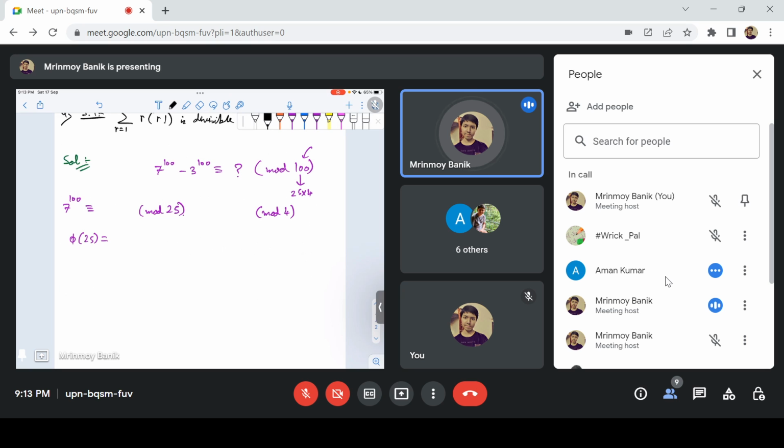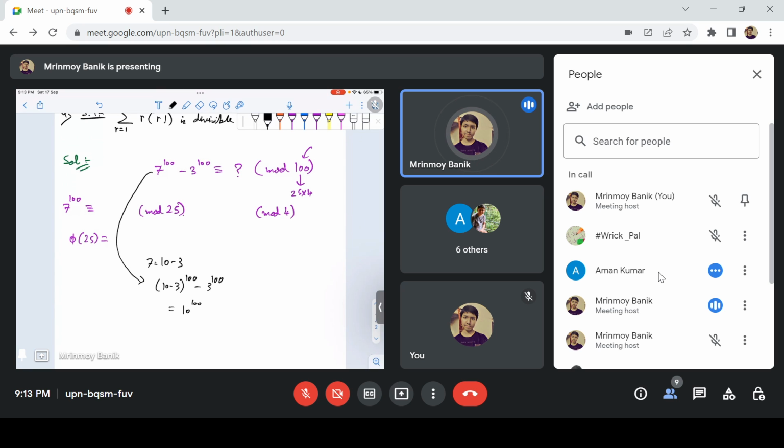Observe that 7 plus 3 is 10, right? So we can take advantage of that. We can write 7 as 10 minus 3, and then this reduces to (10 minus 3)^100 minus 3^100. And then all the first 100 terms will have a 10 in them.